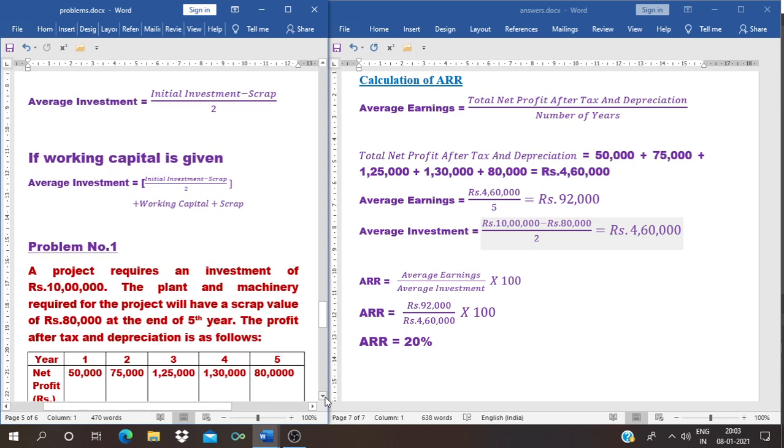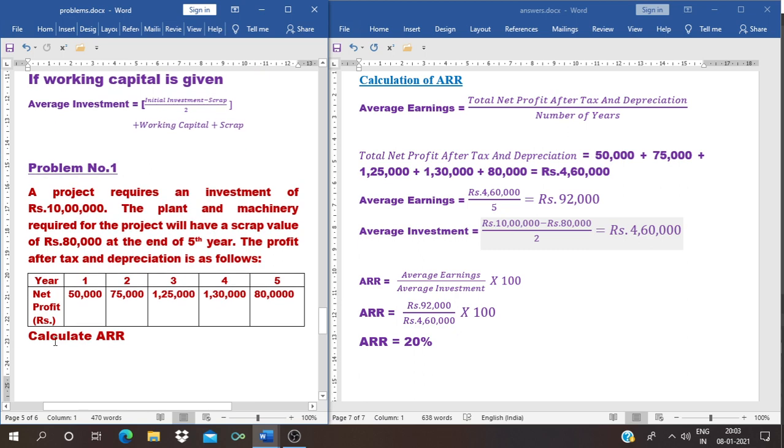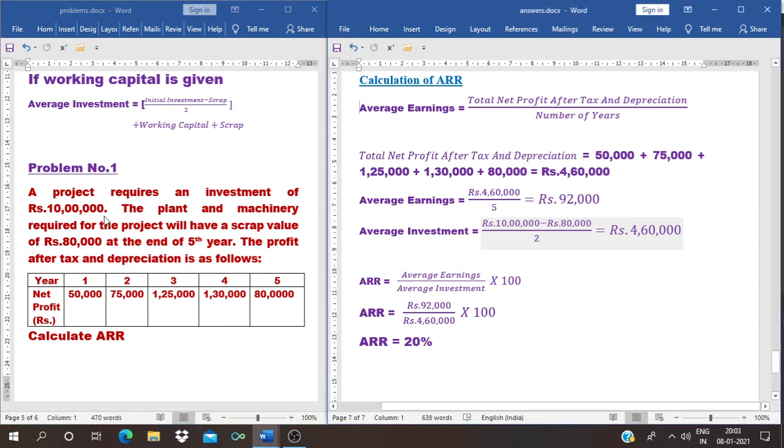Now look at the problem first. It is a very simple problem. A project requires an investment of rupees 10 lakh. So it is an initial investment.